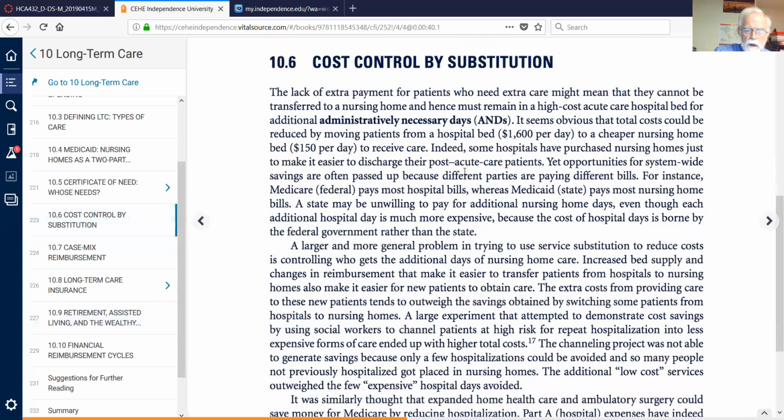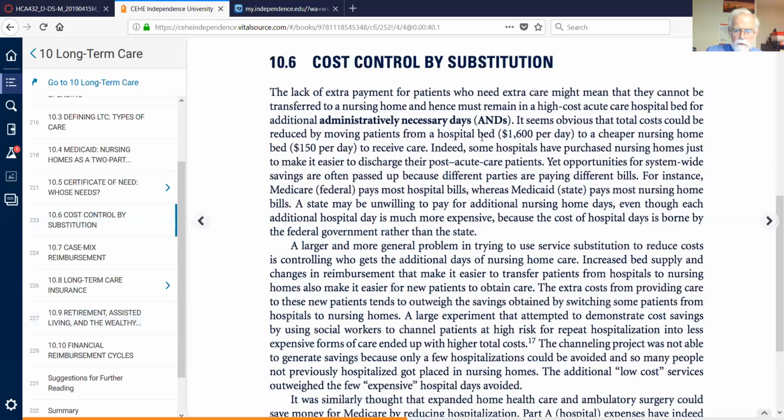Substitution means that we obviously are trying to look at cost, and this goes back to the sicker patients, or lack of extra payment for patients who need extra care, might mean that they cannot be transferred to a nursing home and therefore have to remain in a hospital for longer.